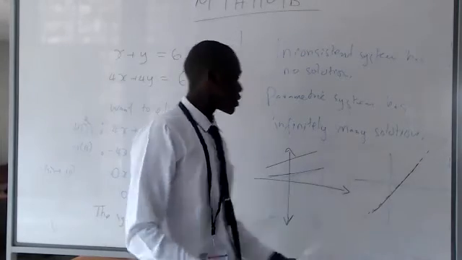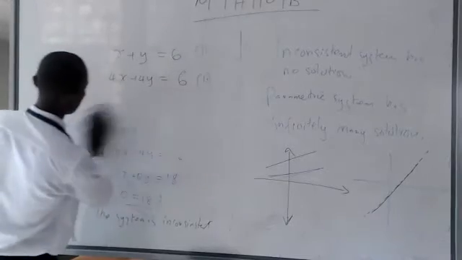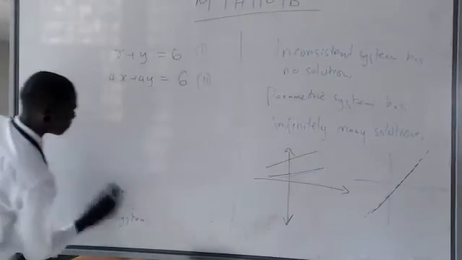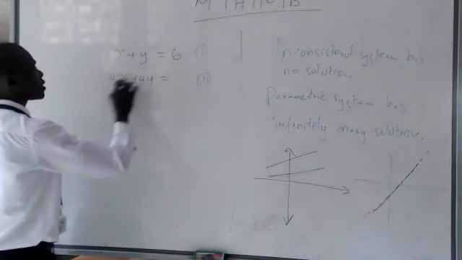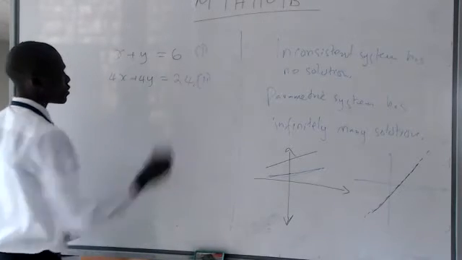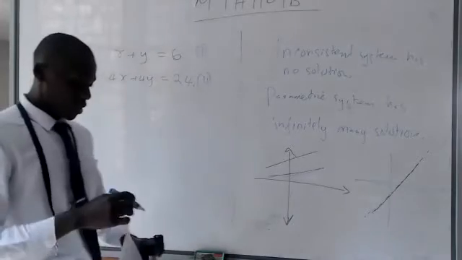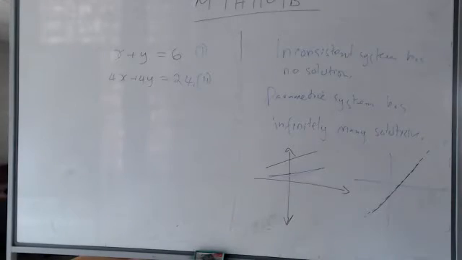This will be the parametric system. An example is so easy to formulate for a parametric system. I can obtain one from this system. Just say x plus y is 6 and 4x plus 4y is 24. If you try to solve this, you will find infinitely many solutions.